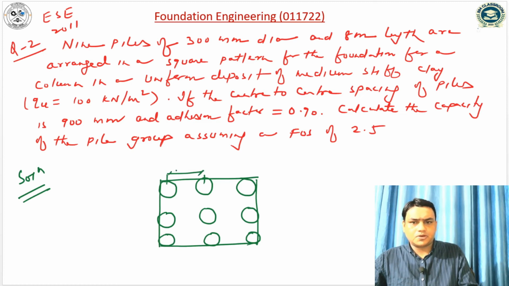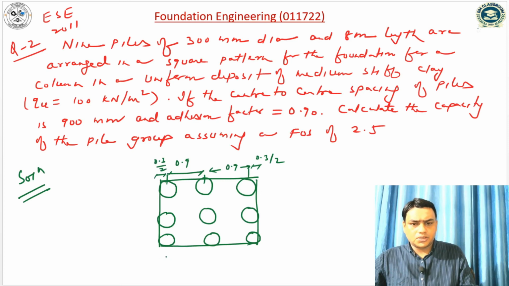Center to center spacing of the pile is 0.9, this is also 0.9 meter, and the diameter is 0.3 by 2 here, 0.3 by 2 here.